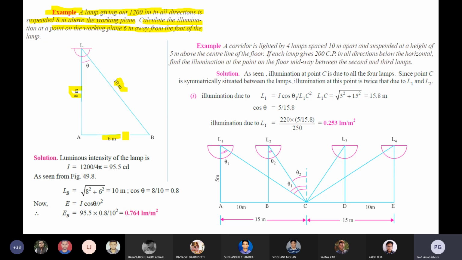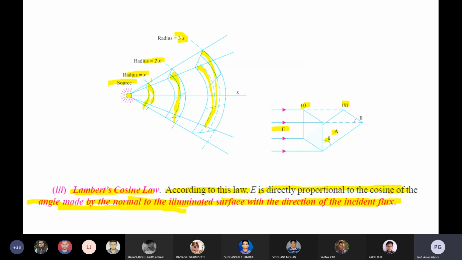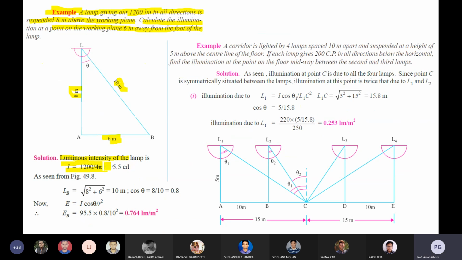You can easily calculate from the Pythagoras theorem: square root of 8 square plus 6 square, so directly it is coming 10. Luminous intensity, you know that I equal to 1200 by 4 pi. Directly you know that formula. So candle power, you will get 95.5 candle power.